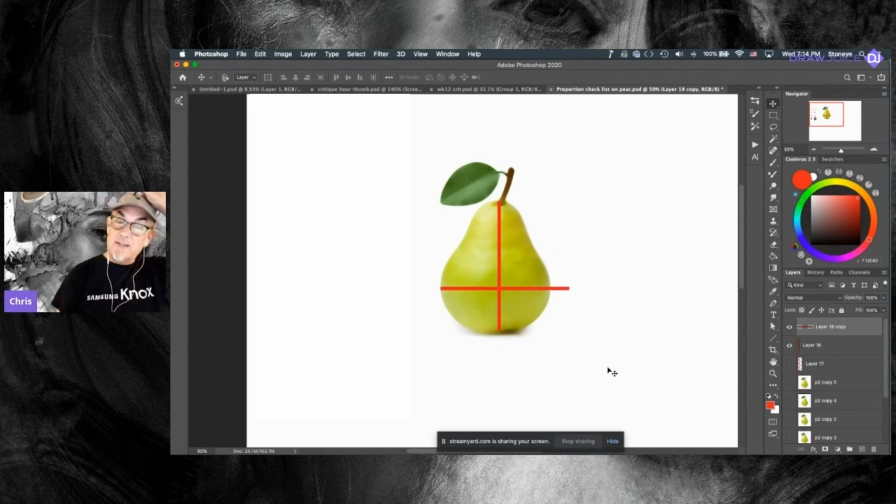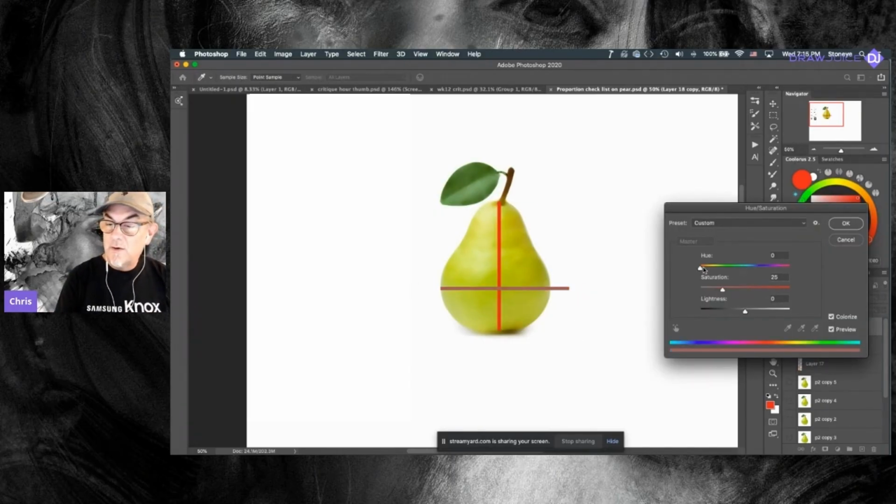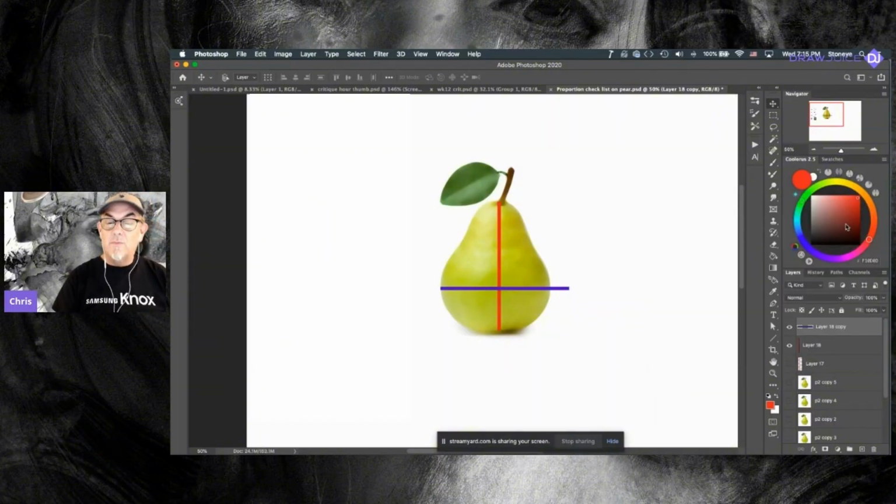And I'm going to find it's taller than it is wide at the widest part of the pear. So it's going to be a little less, right? If we change the color of this one, let's say, we'll make this like this. Okay, so the red one is a little bit longer than the blue one.